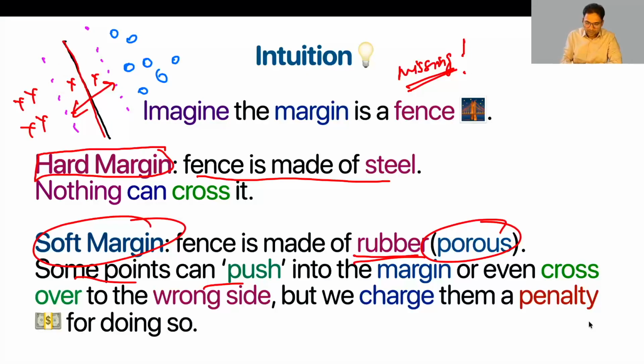It's kind of porous. But if some point comes within the margin, there will be some penalty for that. You will pay a penalty so that the algorithm learns that these points are wrongly classified. But there is some scope for letting it happen.